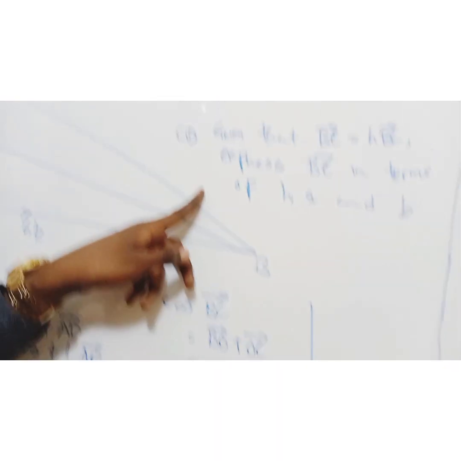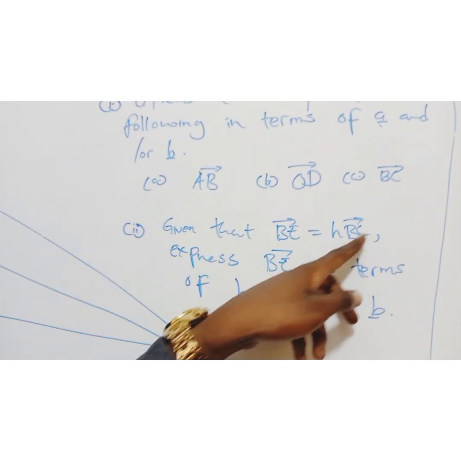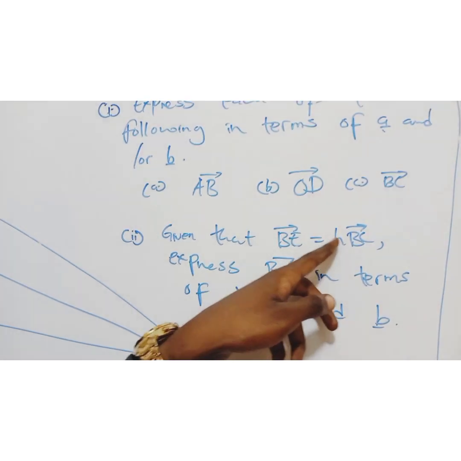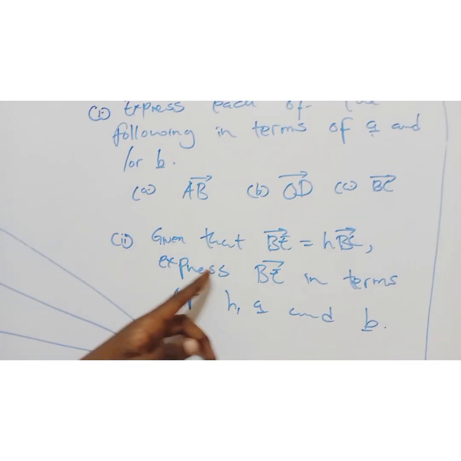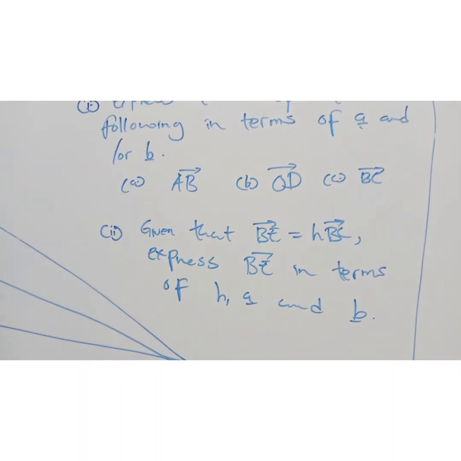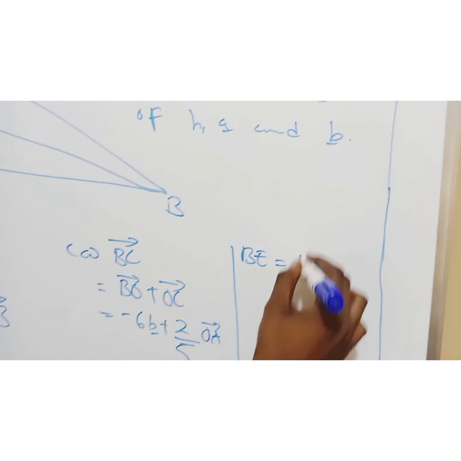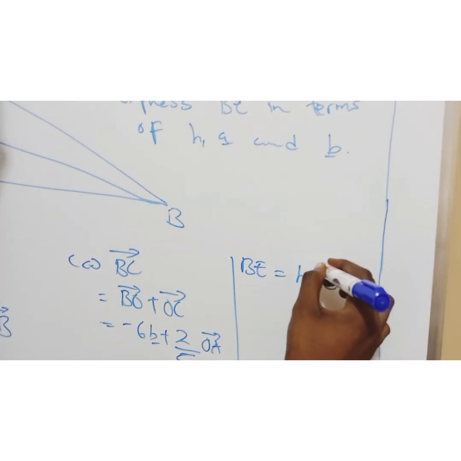Check this. So the last question is saying, given that BE is equals to HBC, express BE in terms of H, A, and B. Simple terms. So BE is equals to HBC.